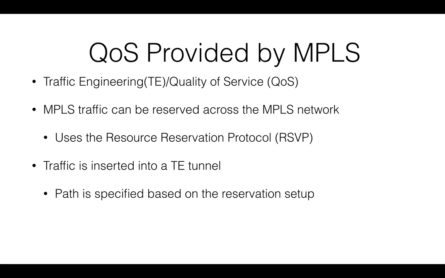We can choose who gets top priority on the network, and who's a little less important and can handle some delay, and we can classify those down a little more too. Once we figure out what quality of service we should be using, that traffic gets inserted into a TE, or traffic engineering, tunnel, and then that path gets created based on that.